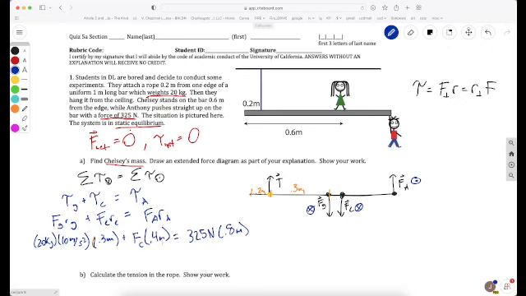So we can move this 325 times 0.8, or why don't we do the other thing, because FC is already on this side.